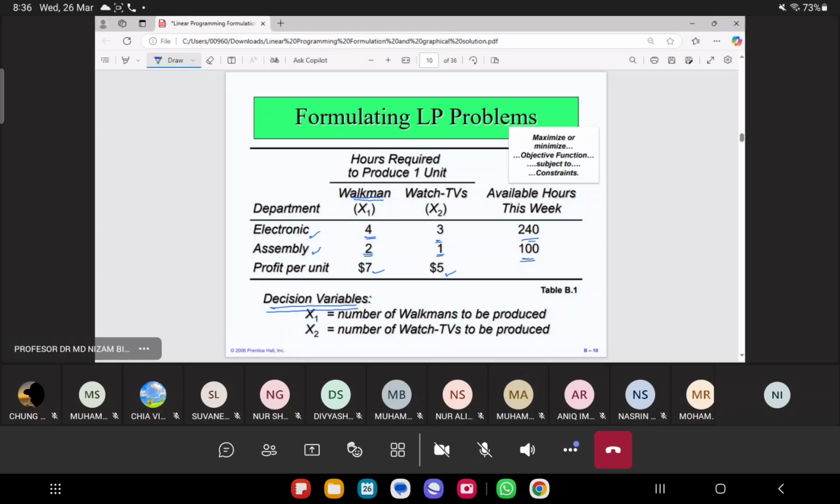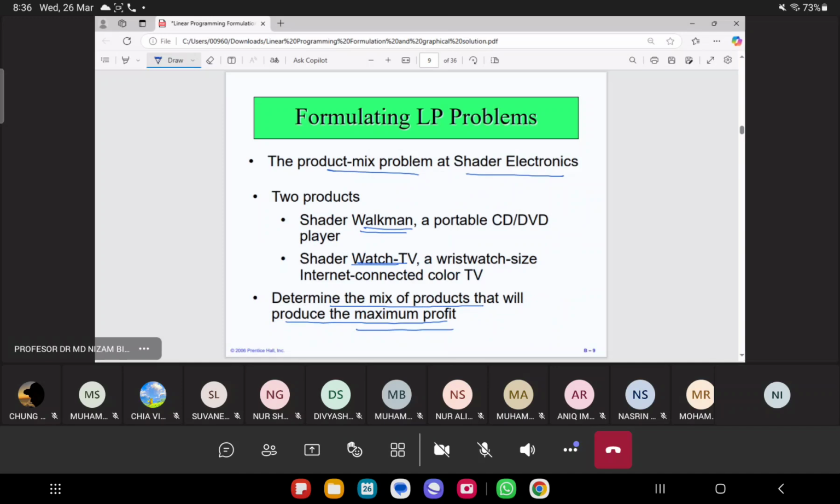And for this particular case, it's stated that the company wants to determine the mix of products that will produce the maximum profit, meaning they want to make decisions on how many Walkmans they're going to make and how many Watch TVs they want to make. So clearly the decision variables are the Walkman and the Watch TV.